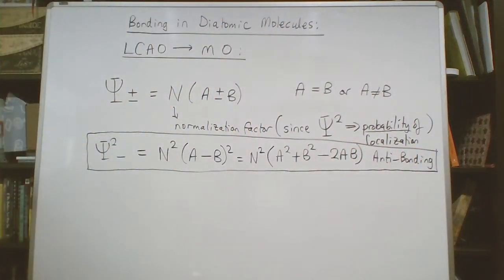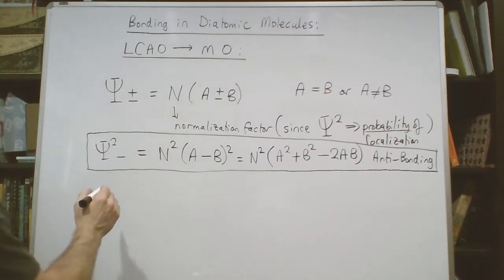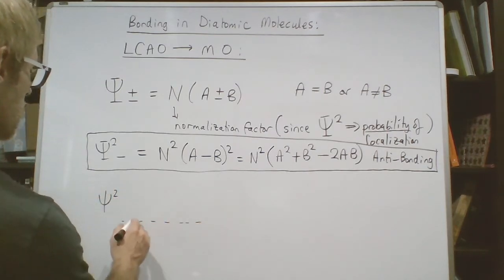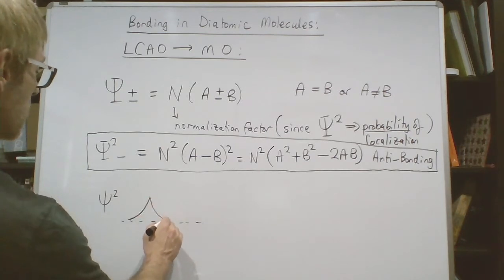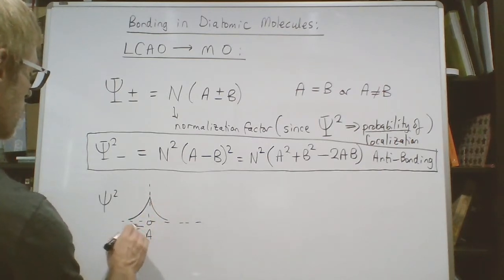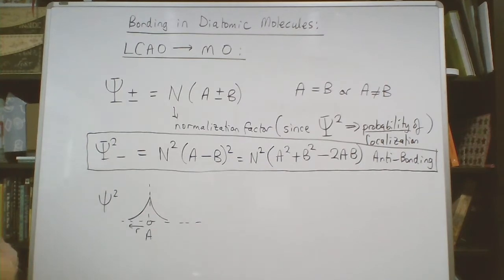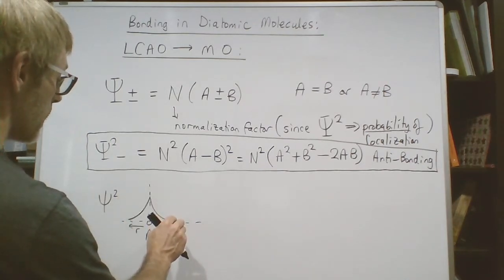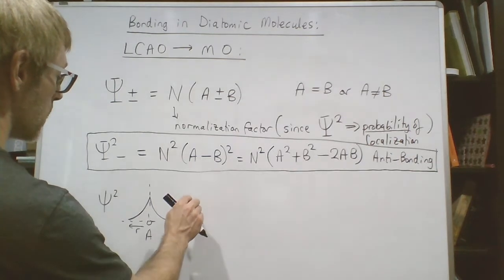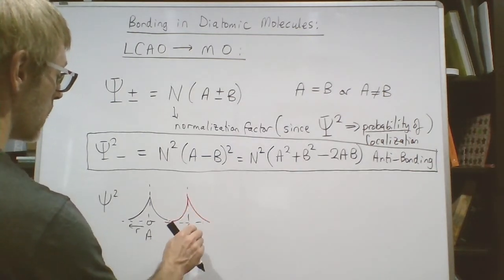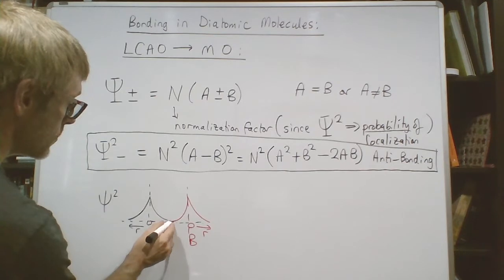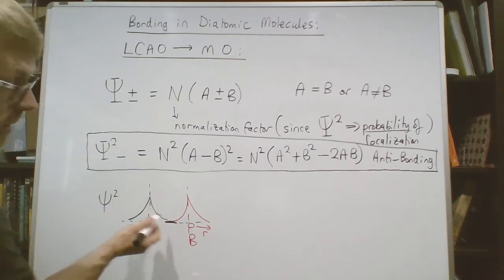So there are flavors of bonding, both bonding and anti-bonding. If we were to look at the psi squared, then again we would have, let's say A, here is the nucleus, here is the radial probability of finding the electron, and B would be here, and if I've drawn it to show you what I want to, there's zero probability above that line.